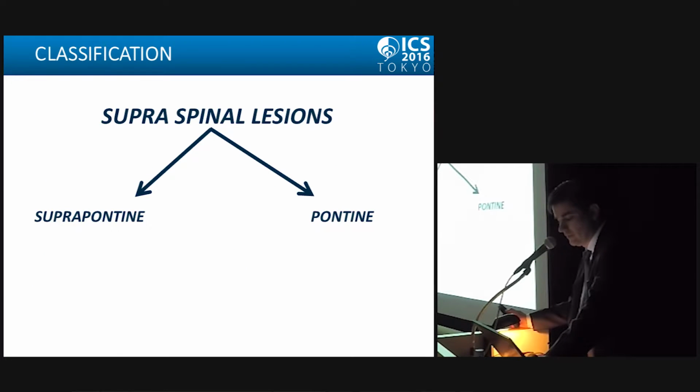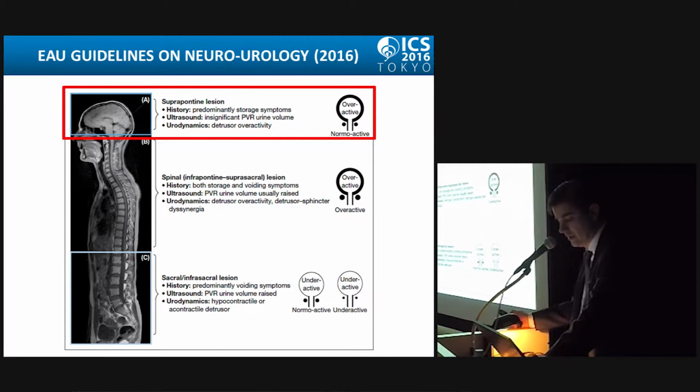In terms of classification, we know that the supraspinal lesions could be suprapontine or pontine lesions. This is a very interesting illustration which was retrieved from the updated version of the EAU Guidelines on Neurourology 2016 that had been presented before by the other speakers.